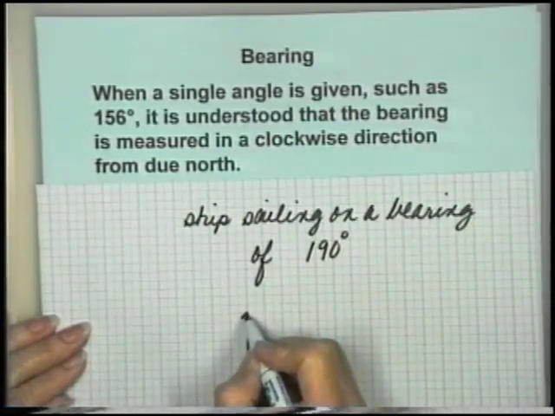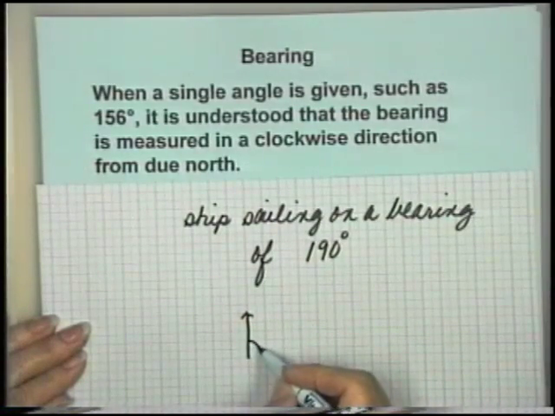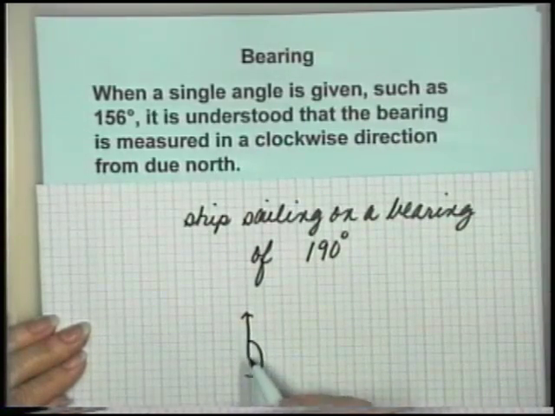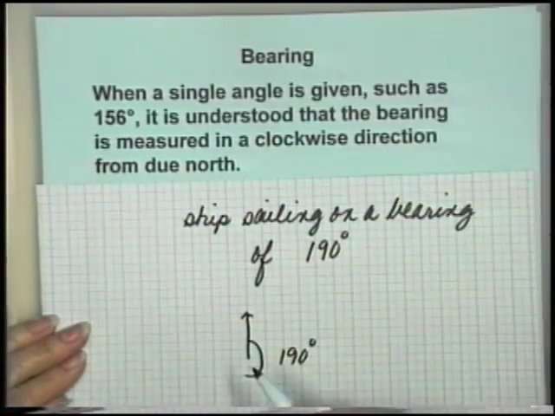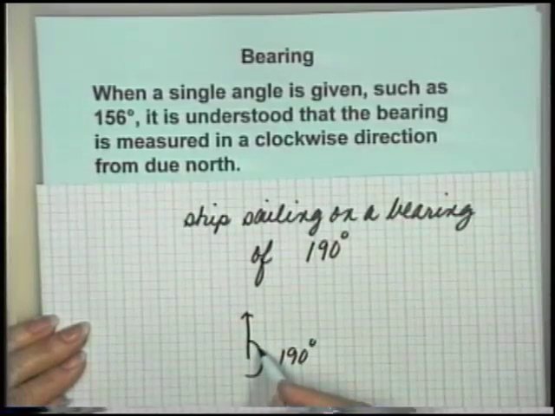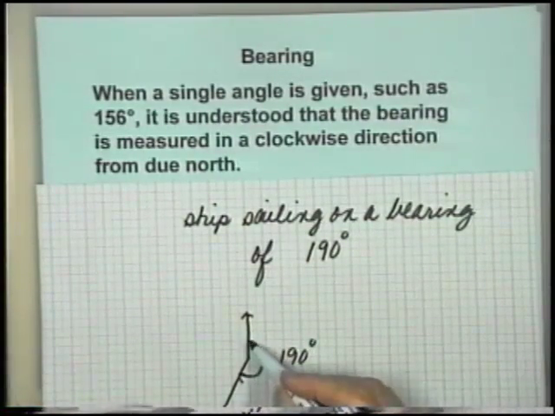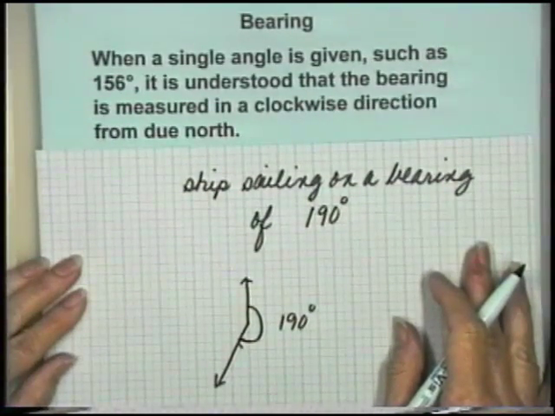Well, let's draw our north, and then we would know that this angle right here between north and the line that the ship was sailing on was 190 degrees, and we'll just approximate that. We know, of course, that around to here would be 180 degrees, so we would want to go just 10 degrees further. And my sketch is maybe not real accurate, but hopefully close enough so that you can get the idea.